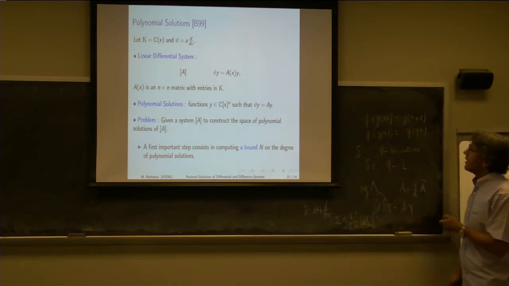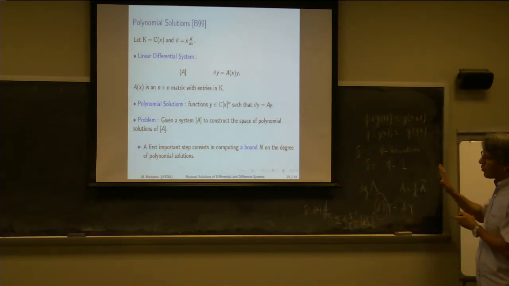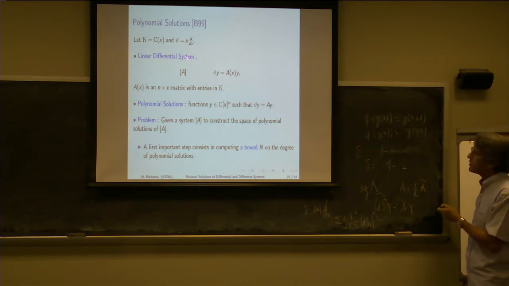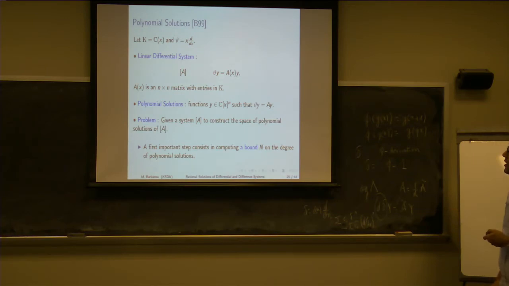So to simplify things, I will consider here, but the method works and is presented in the paper for a non-homogeneous system, let's just suppose that the system is homogeneous, and I will work with this derivation, theta equals x d over dx, instead of the standard derivation because it's more convenient. Okay.